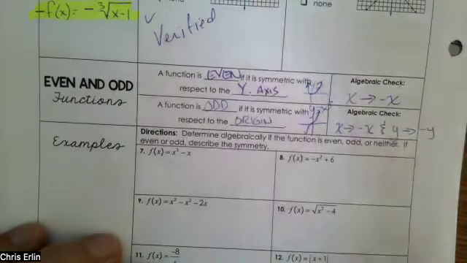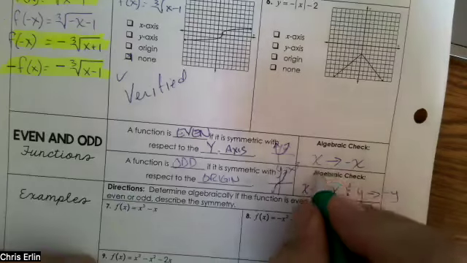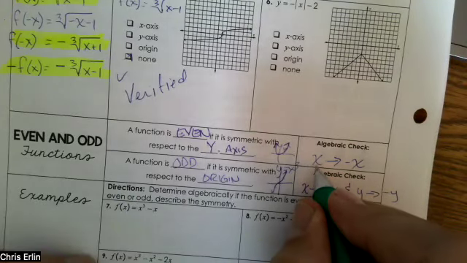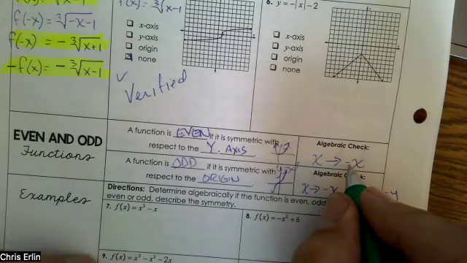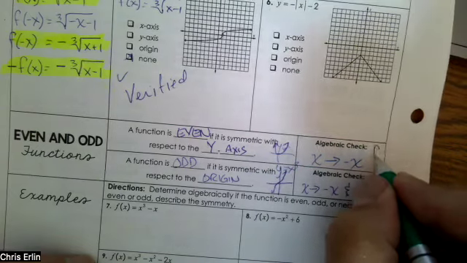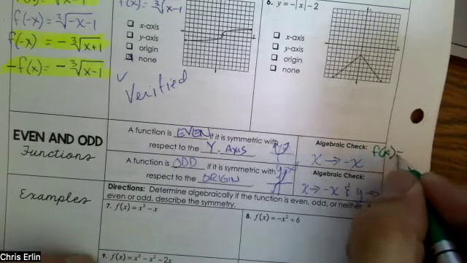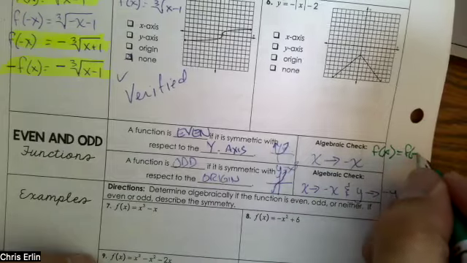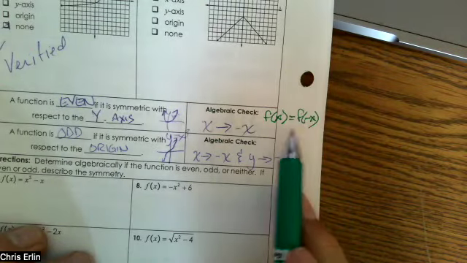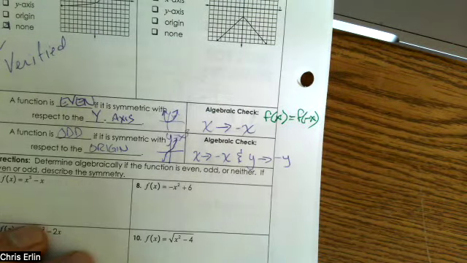But I'm also going to write over here what we just talked about, that if I plug in x as negative x, it comes out the same. That means that f of x is equal to f of negative x.